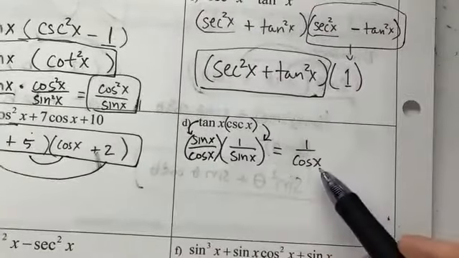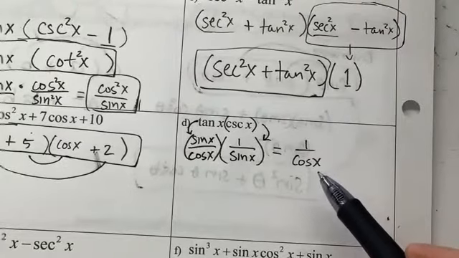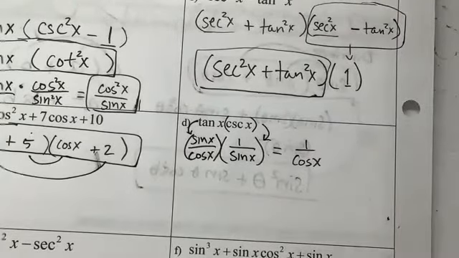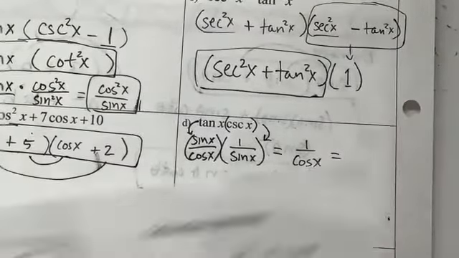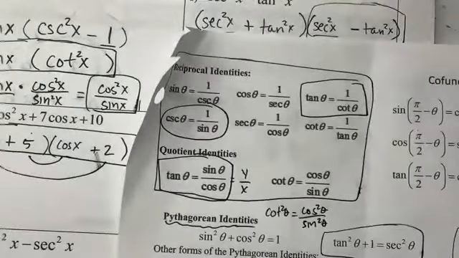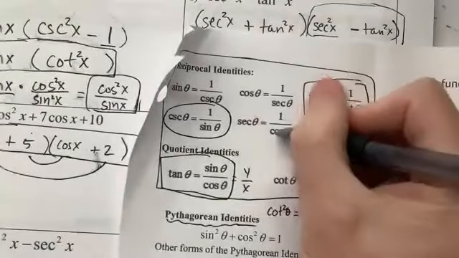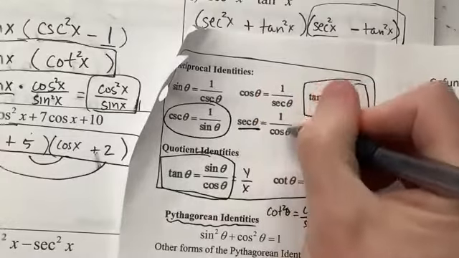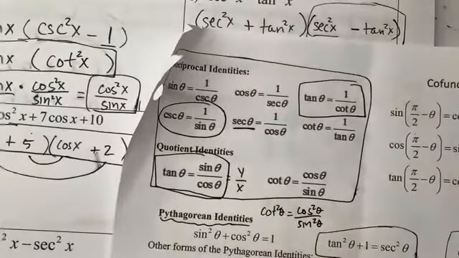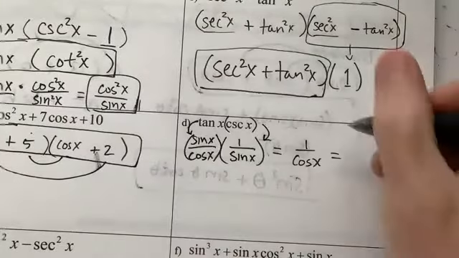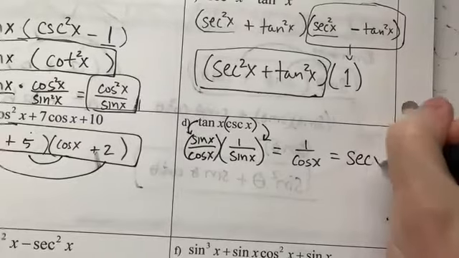And then you could leave the answer like that, but if you look in the textbook, they would even change that answer. So what do you think they would write 1 over cosine of x as? There's something on here that tells you what 1 over the cosine is, or you just know the cosine is the reciprocal of the secant. So if you have 1 over cosine, they would just say the answer would be the secant of x.